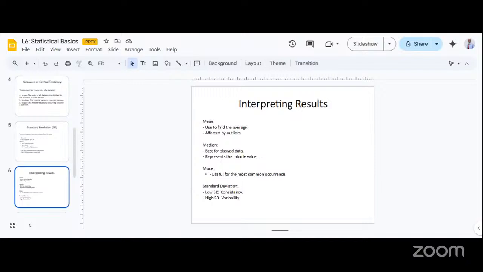So if you have a data set, by default you want to use mean to get the representation of all the values.